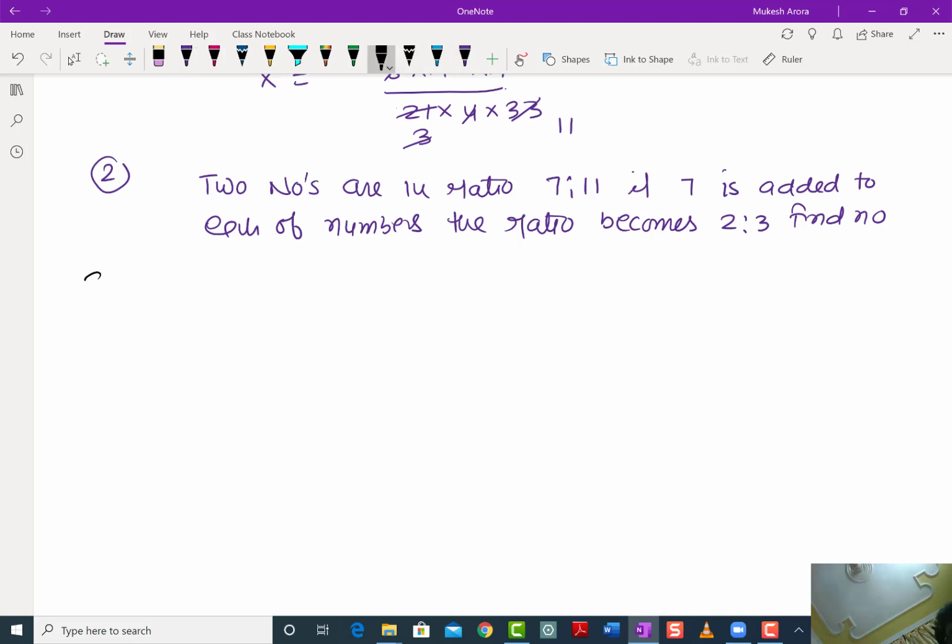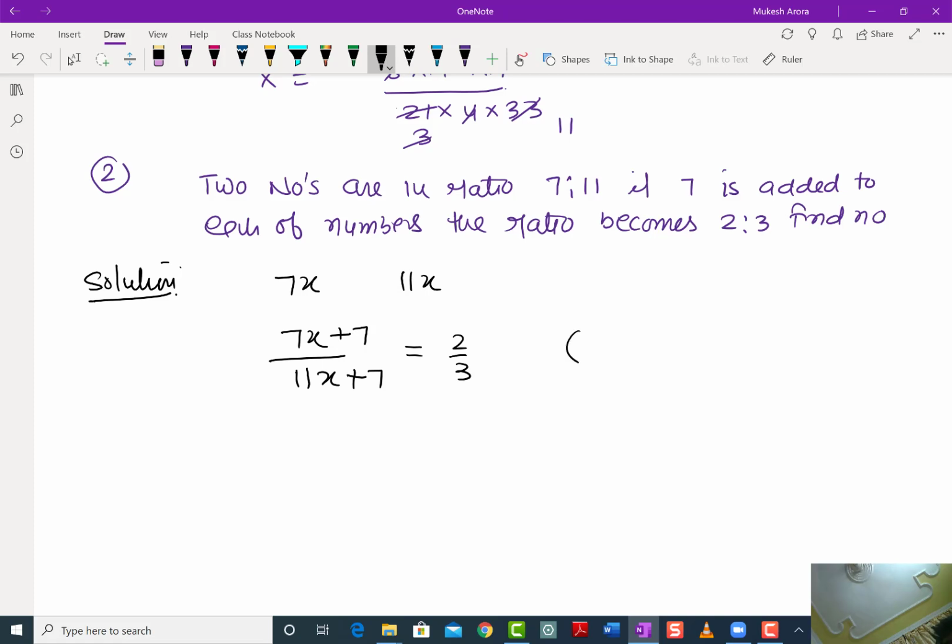So first of all, read the question carefully. Two numbers are in ratio 7 ratio 11, so the numbers are 7x and 11x. If 7 is added to both the numbers, it becomes 2 by 3. Find the numbers.